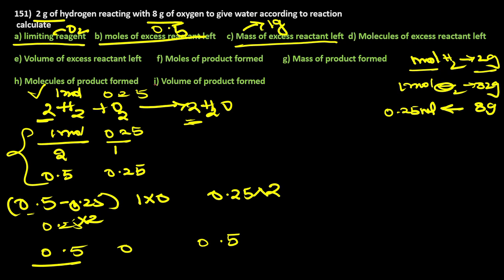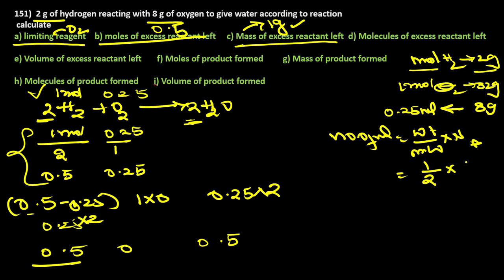So the number of molecules of excess reactant left, if you want to calculate, number of molecules equals weight upon molecular weight into Avogadro number. Weight how much? 1 gram, and hydrogen is the excess reactant.